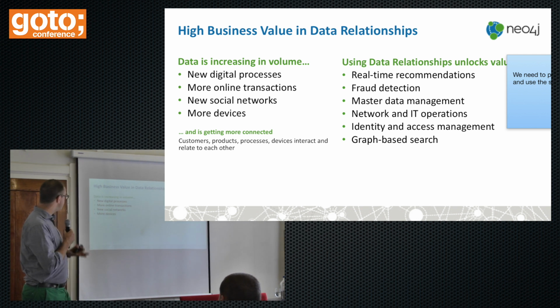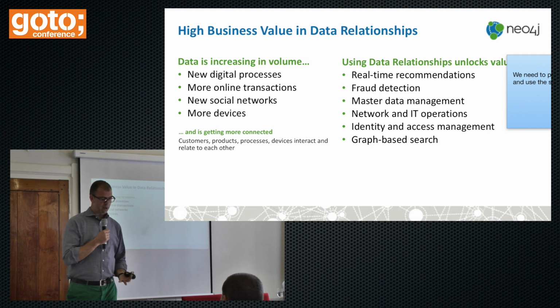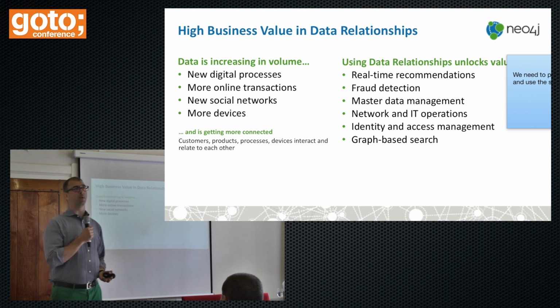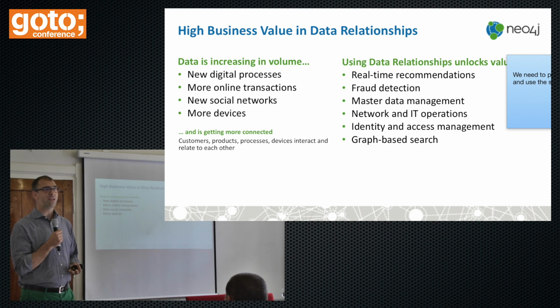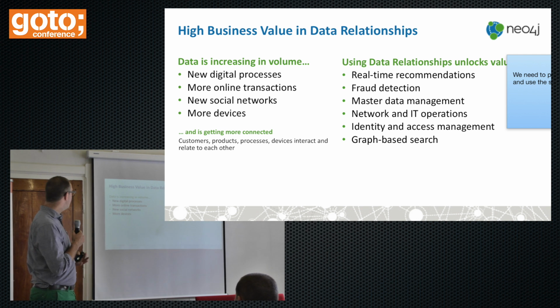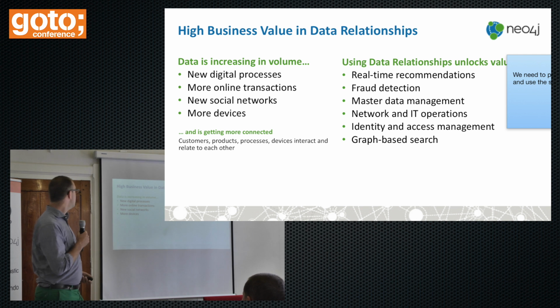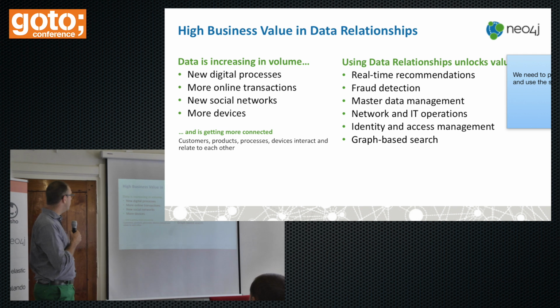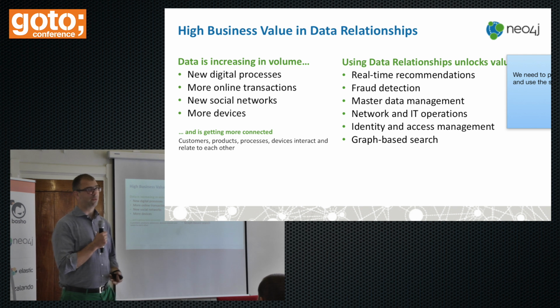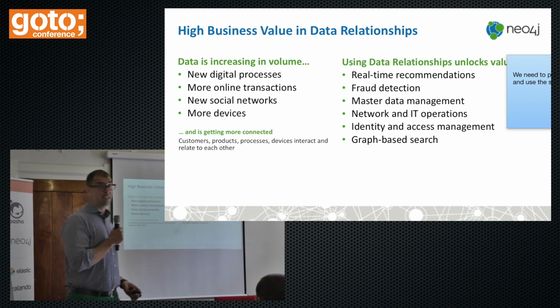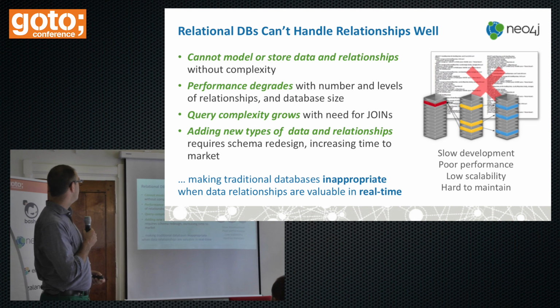And graph databases want to solve that problem because there's a lot of value in those relationships. There's a lot of value to be had from understanding how things are connected to each other, right? So new digital processes, all of these different things are happening right now because we try to leverage those relationships. And that's what we see in the dating industry a lot.